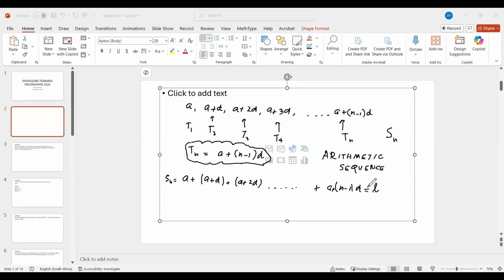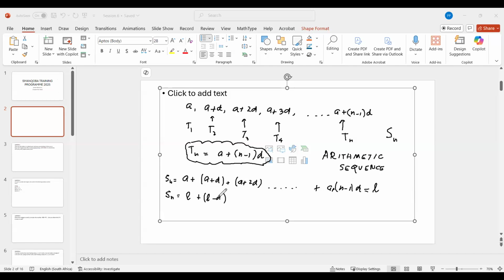Instead of adding all these numbers, we can add them backwards. So when you add them backwards, the same sum, I'll start with L, but the one before that, you have to subtract the D now to get the one just before that.